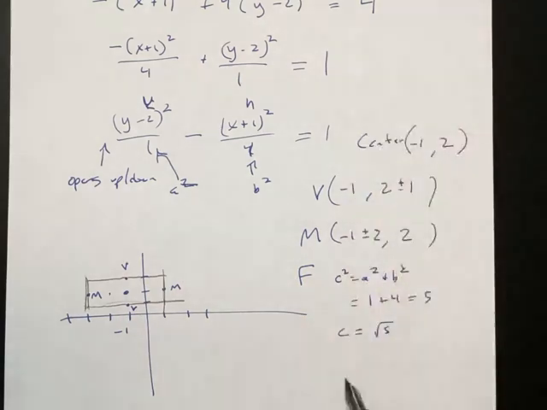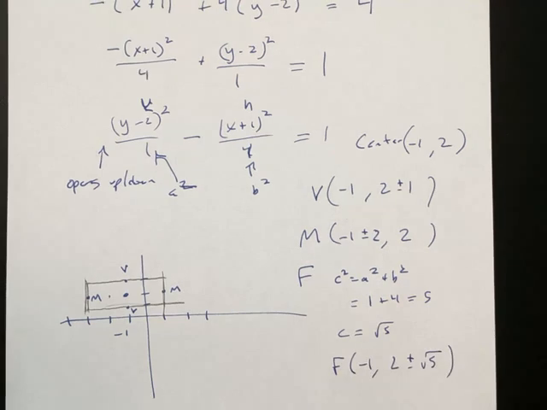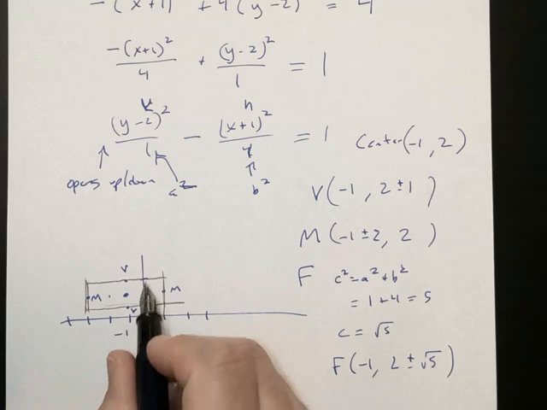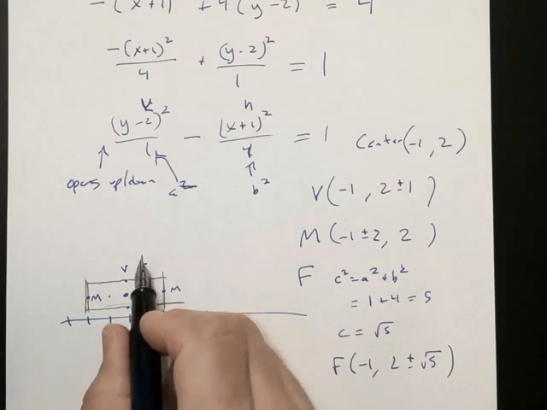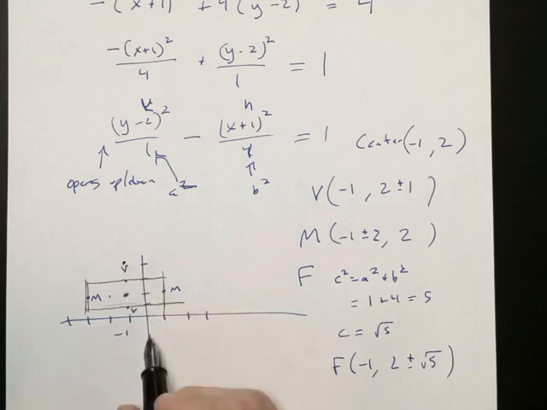And that's up or down. So that's 2 plus or minus the square root of 5. Now the square root of 5 is 2 1/4. So 1, 2, and a little bit more.